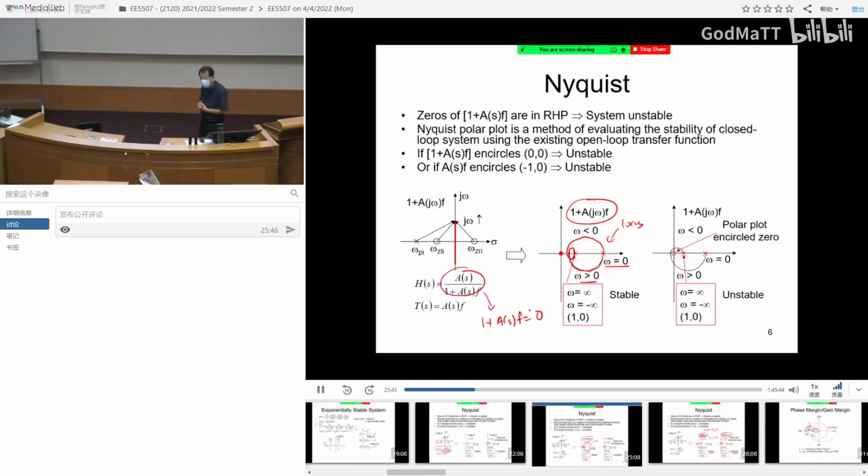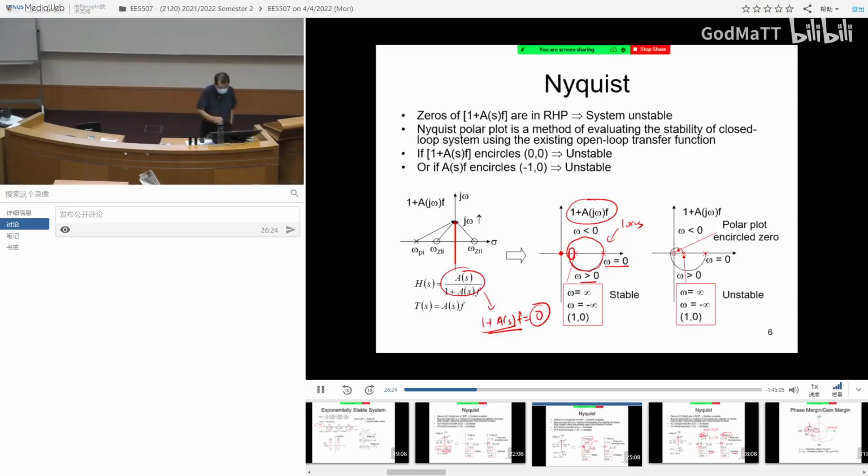Am I right? If the denominator becomes 0, the whole thing becomes unstable. That is the origin. So if you guarantee that whatever you find doesn't enclose this point, then the system can be proven to be always stable. There is a whole bunch of mathematics behind this theory. I'm not going to go through the detail, but it's sufficient to understand. We just use it. If you plot the Nyquist locus and you see whether it encloses 0 or not: if it encloses, then it's not stable; if it doesn't, it is stable.